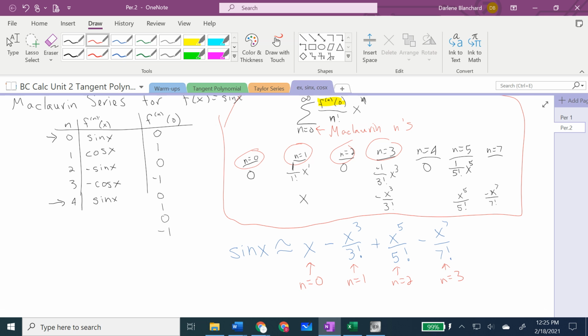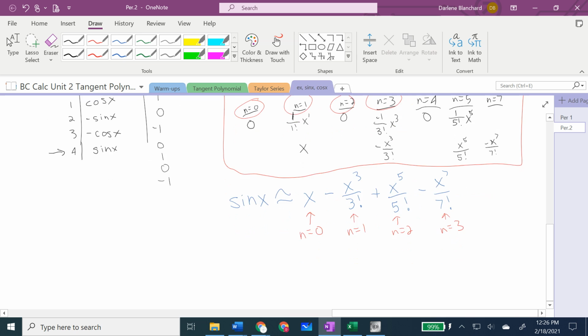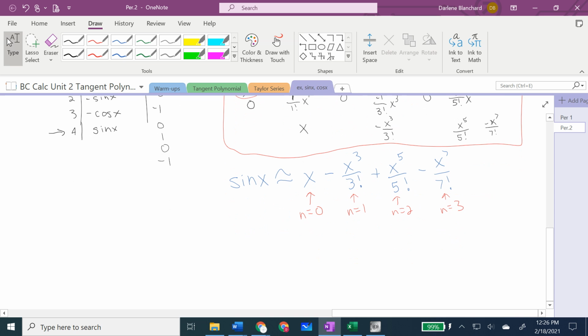But again, the Maclaurin n's that we used to create these terms are not the n's we are using to create the formula for sin x as a Maclaurin series. Based on these n's, do you think you see a formula?